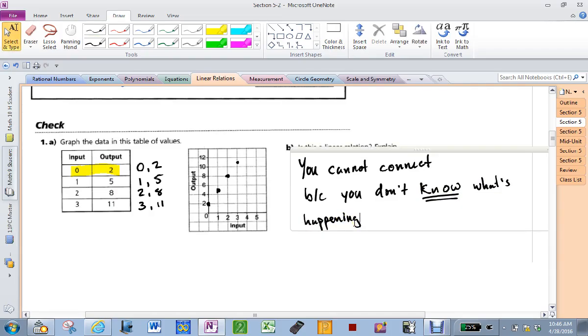But does that stop it from being a linear relation? No. Because how far this way did we go? 1. How far up did we go? 2. Right? Did we go up 2?